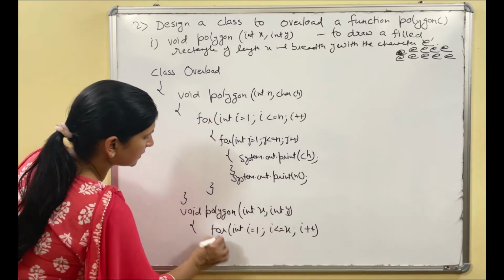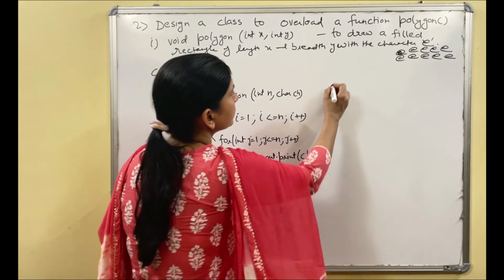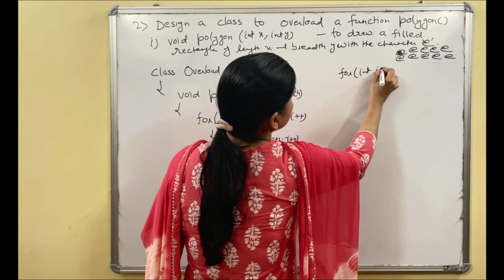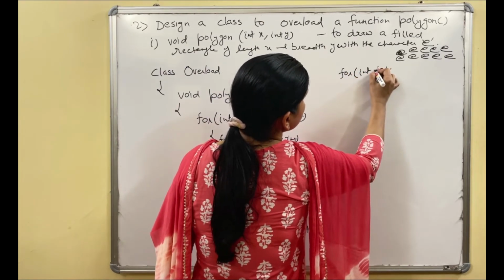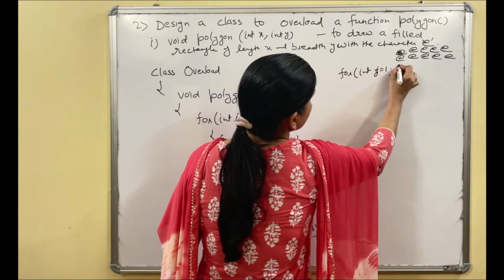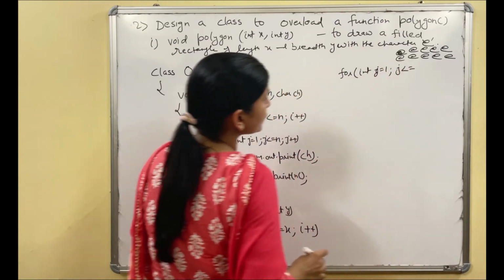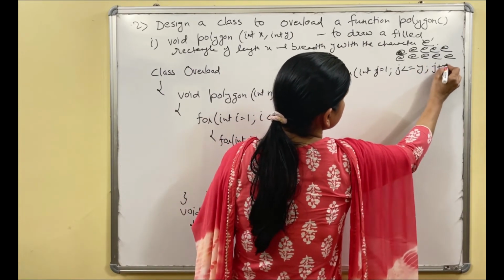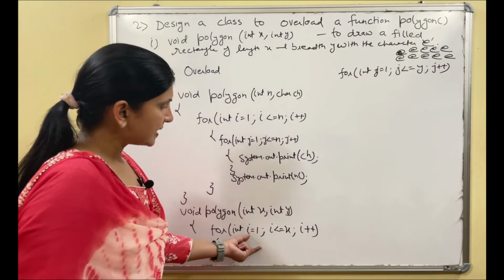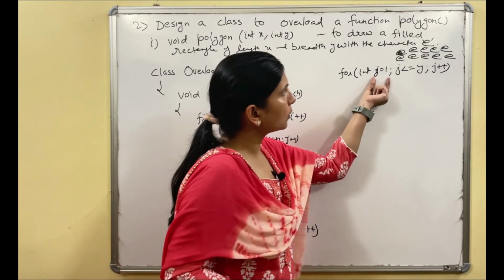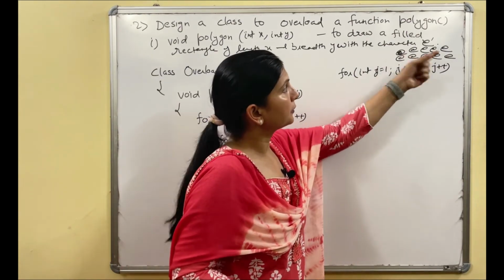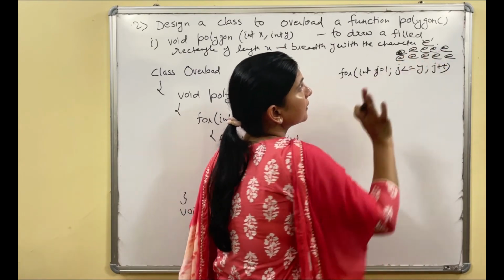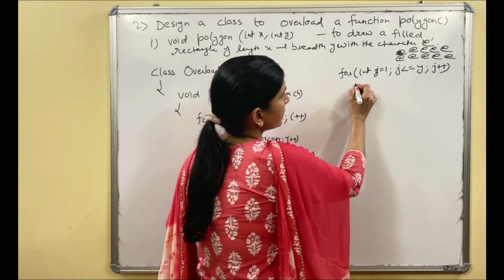This is the outer for loop, and for the inner, for int j equals 1, j less than equals y, j plus plus. When i is 1, j will go from 1 to y. If y is 5, it should display 5 @. So what shall I give here?